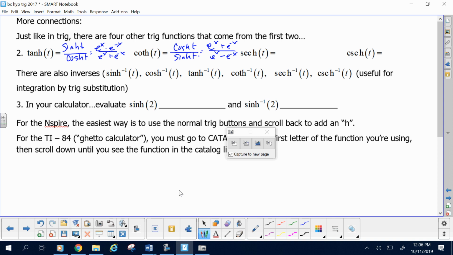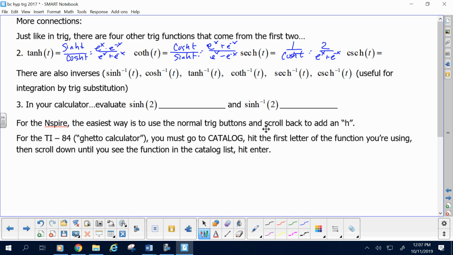All right. Hyperbolic secant is 1 over cosh. You could say 2 over e to the x plus e to the negative x. And the hyperbolic cosecant is 1 over sinh, 2 over e to the x minus e to the negative x.